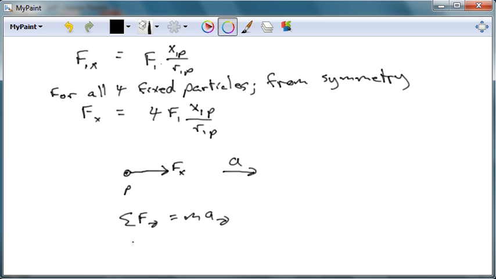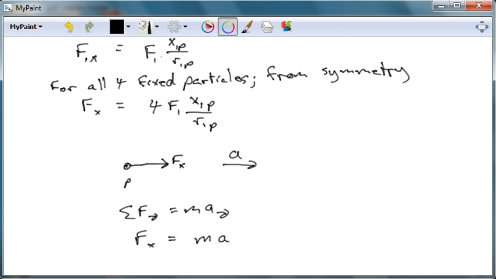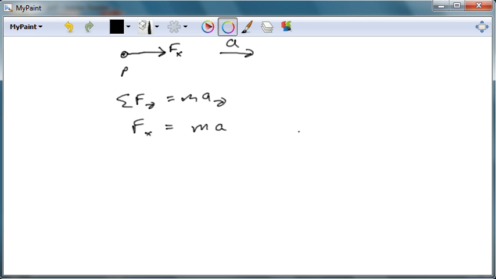We have Fx is equal to the mass of our victim times the acceleration of our victim. This is the x component of the acceleration, but that's the only direction it's in, so I choose not to write the subscript. A is the same thing as a sub x.